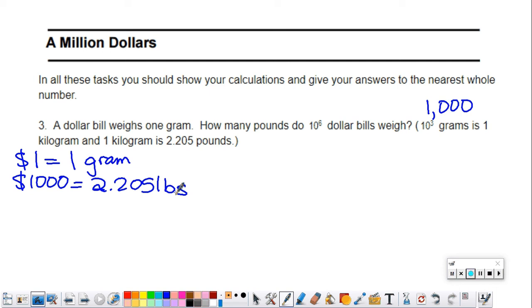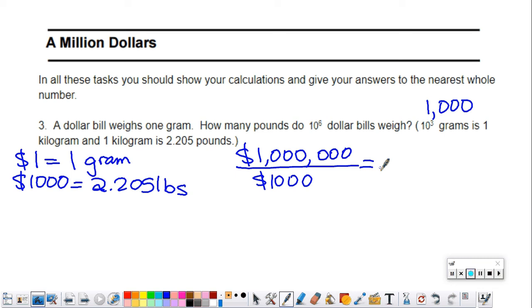We want to figure out how many sets of $1,000 fit into $1,000,000, right? So we're going to divide it. So we're going to take 1,000,000 divided by 1,000, which equals what? 1,000. Okay, so that's 1,000 sets of $1,000 that fit into 1,000,000. Now what do I do with that 1,000?